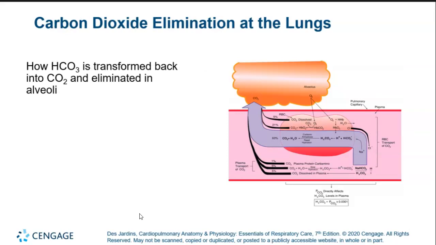Then when it gets to the lungs, that bicarbonate gets converted back to CO2 and is eliminated from the alveoli. Your book goes through all the chemistry of this. I did not want to talk about it in lecture because I did not want that to bog you down, confuse you, make you cry.